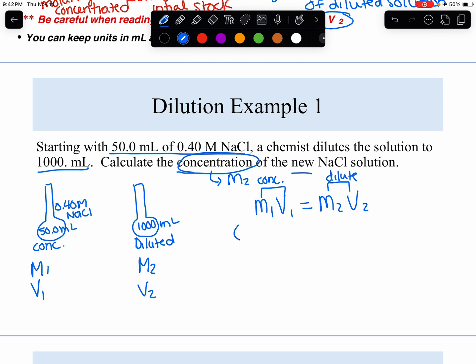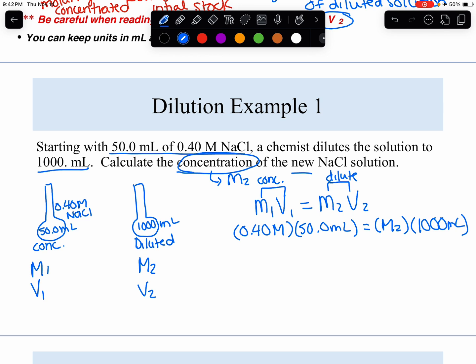All right, so my molarity of my concentrated is, the problem tells me, 0.4 molarity. My volume is 50 milliliters. Now I'm trying to find M2, so I'm going to put that in there. And my second volume is the total volume, which is 1,000 milliliters. Okay, so not too hard once you get it all organized.